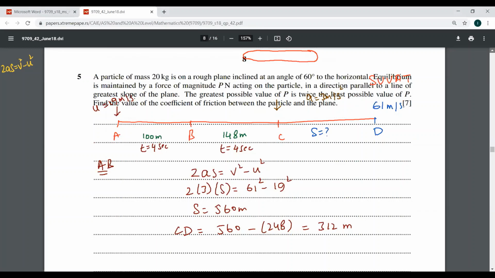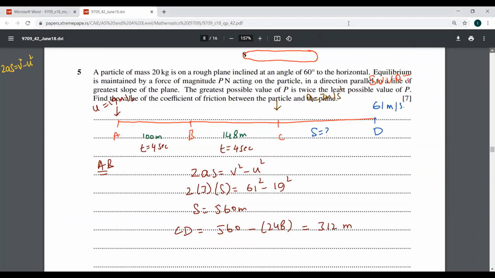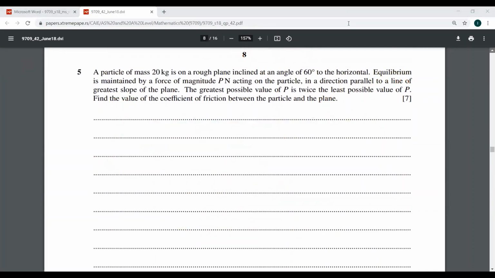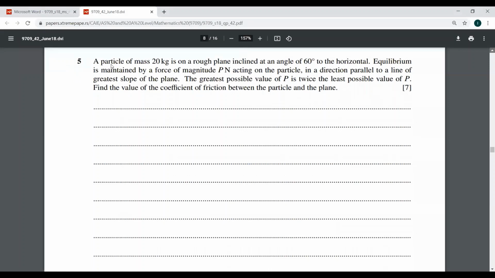Here is the fifth question. Guys, you give it a try first, and then we'll try it. Okay, question number 5. It says a particle of mass 20 kgs on a rough plane inclined at an angle of 60 degrees to the horizontal. So 60 degrees to the horizontal, it is going to be like this.